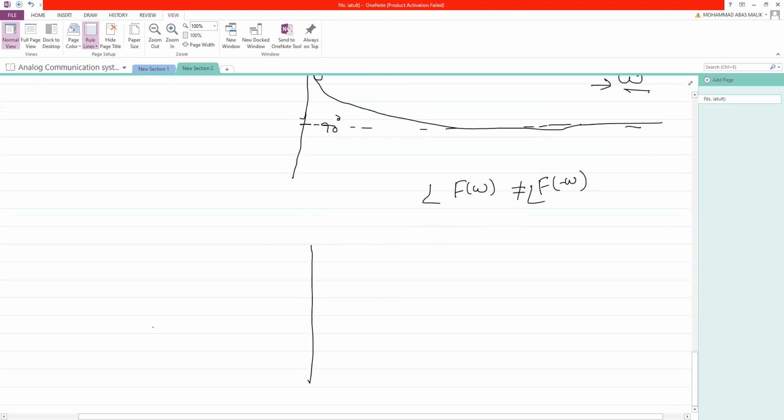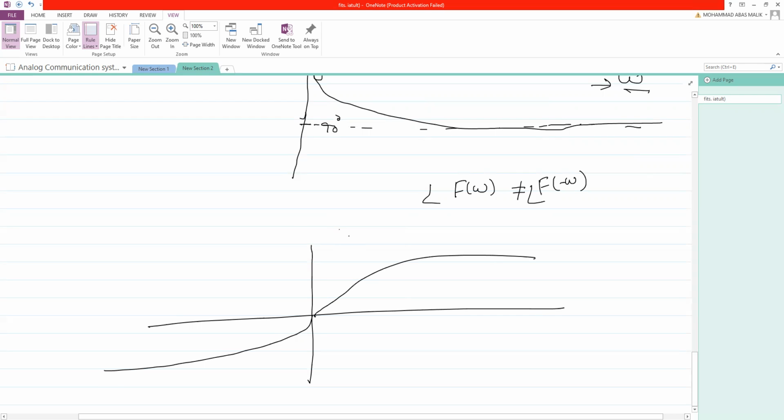Because if you reverse this graph about the origin, then you will get this graph like this. So this is angle F of minus omega. And angle F of omega should be equal to angle F of minus omega, then only you can say this is an even function of omega.